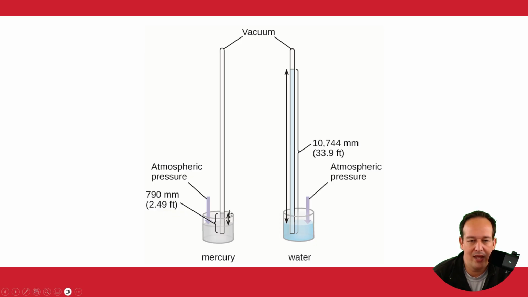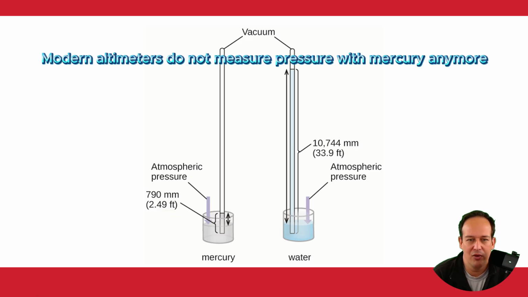If we did that with water, we would need a tube so long that on a standard day the water would rise 33.9 feet. It's just not manageable to actually measure. So that's why we use mercury for measuring air pressure.